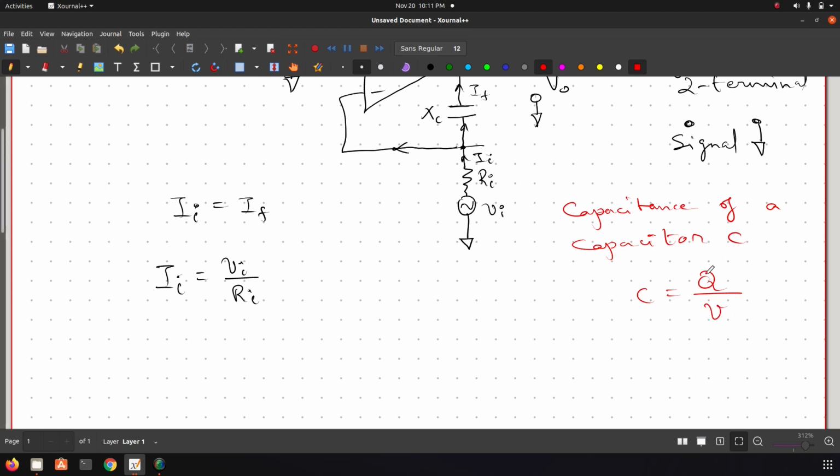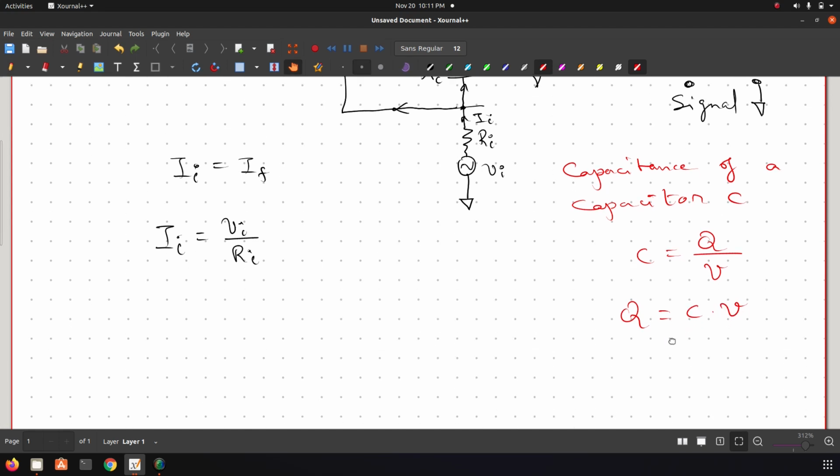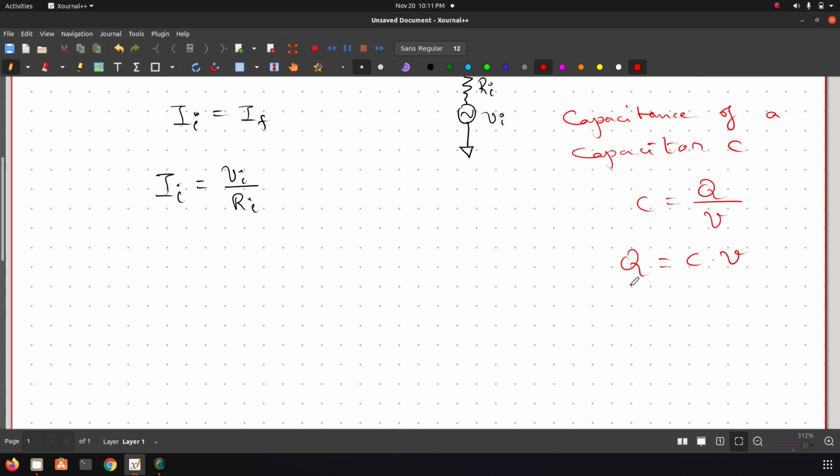By rearranging, the charge is C times V. The rate at which the capacitor acquires charge, dq by dt, since the capacitance is constant, depends on the rate of change of voltage.